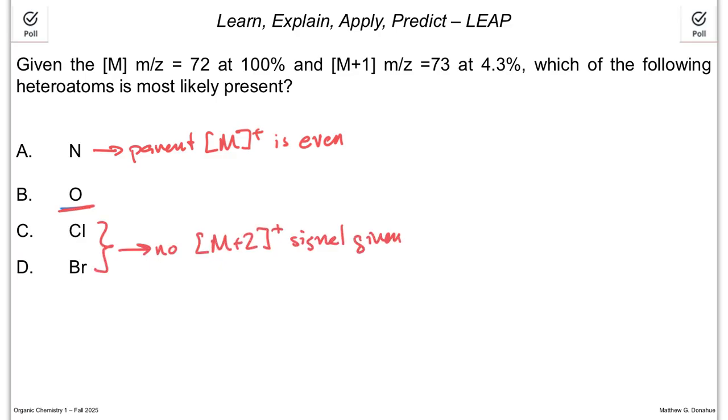So we ruled out N, Cl, and Br. From that data, does it have to have an oxygen in it, or could it just be carbon hydrogen? It could be just carbon, hydrogen.